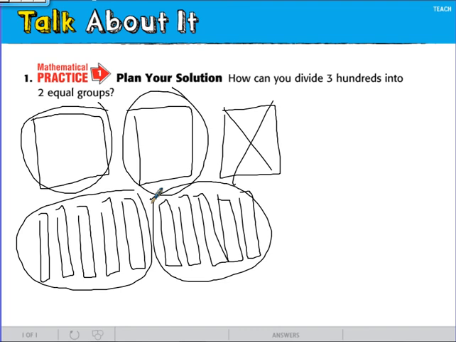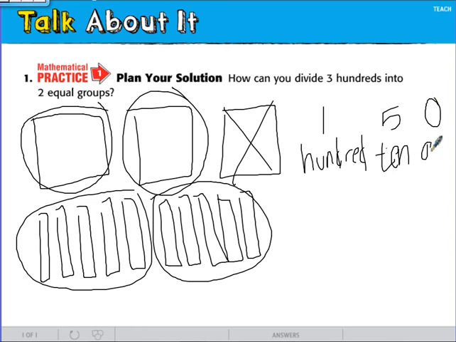So if I look at my 2 even groups, I have 1 group of how many? 100. Then I have 5 groups of 10, and what do I have none of? Ones. So my answer is 150. 150. Okay?